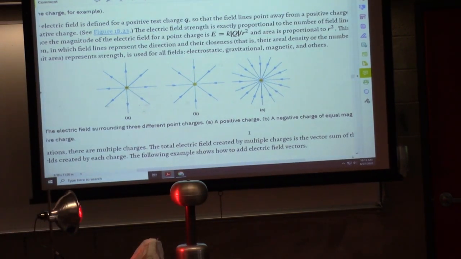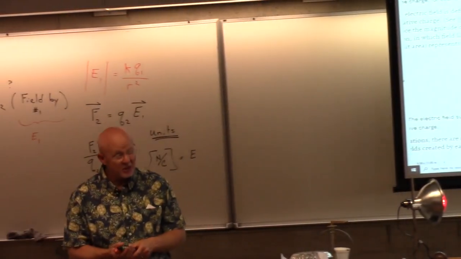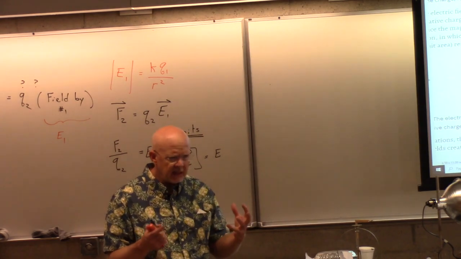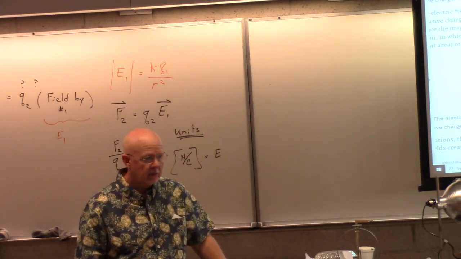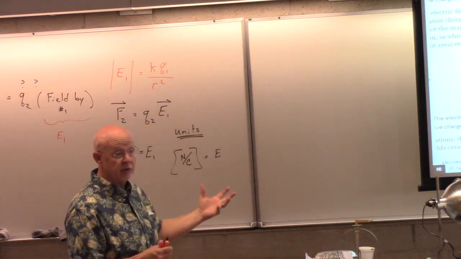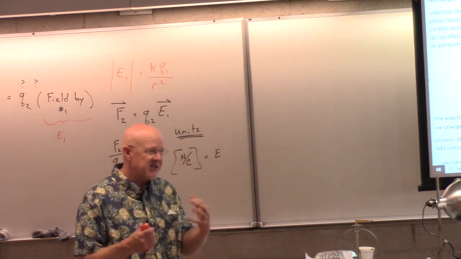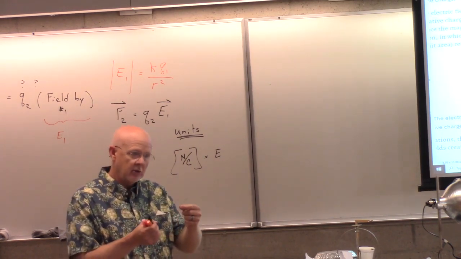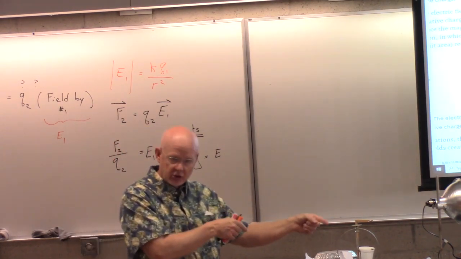In fact, one of the tough questions in tomorrow's lab, I think it's number 14, says, what's the real meaning of an electric field? And hopefully you'll answer it along those two lines. Well, one, it's the mechanism of how the first charge puts a force on the second charge.